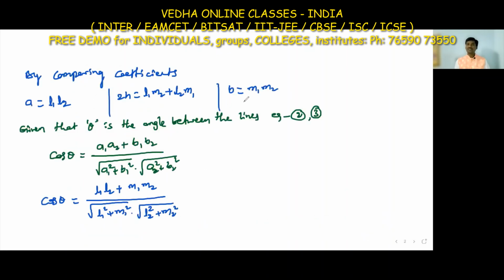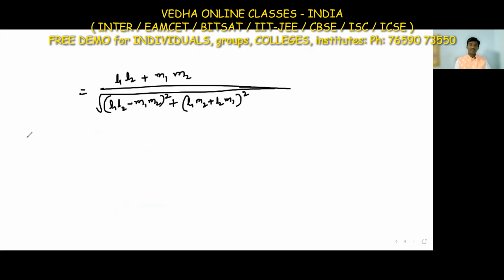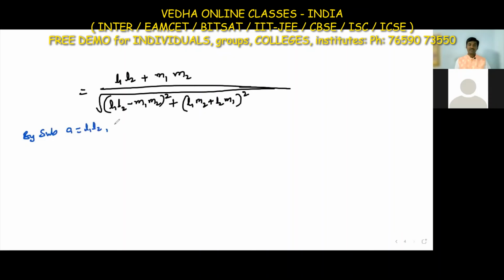L1 L2. What is B? M1 M2. What is 2H? L1 M2 plus L2 M1. By substituting, A is equal to L1 L2, B is equal to M1 M2, and 2H is equal to L1 M2 plus L2 M1.